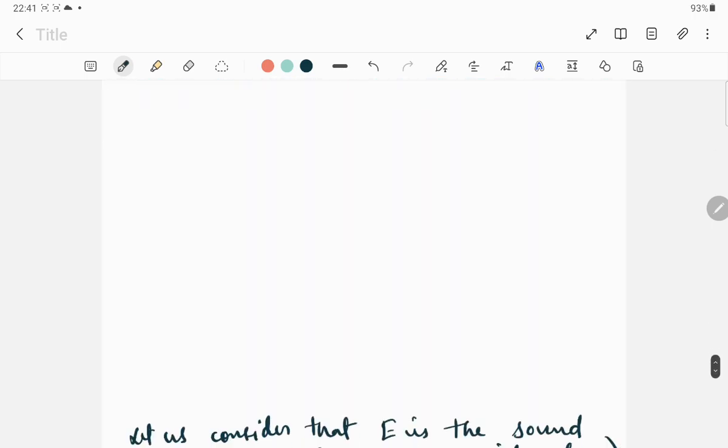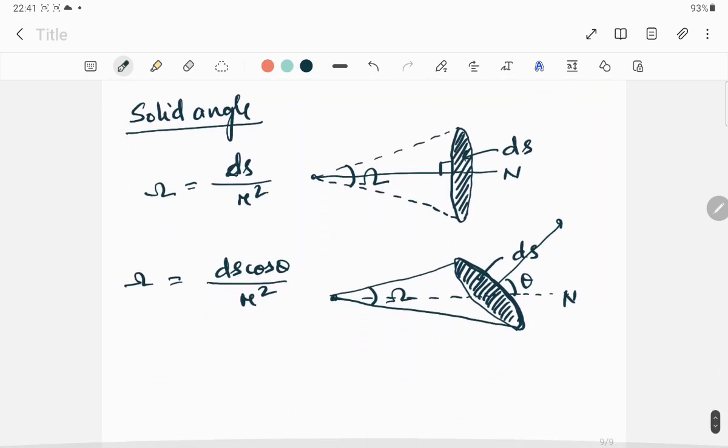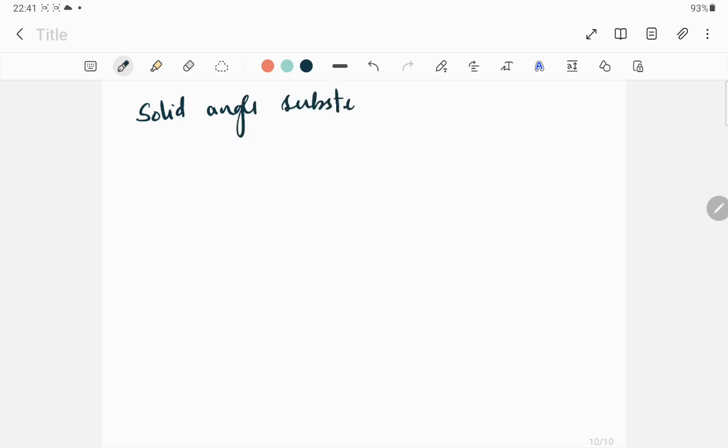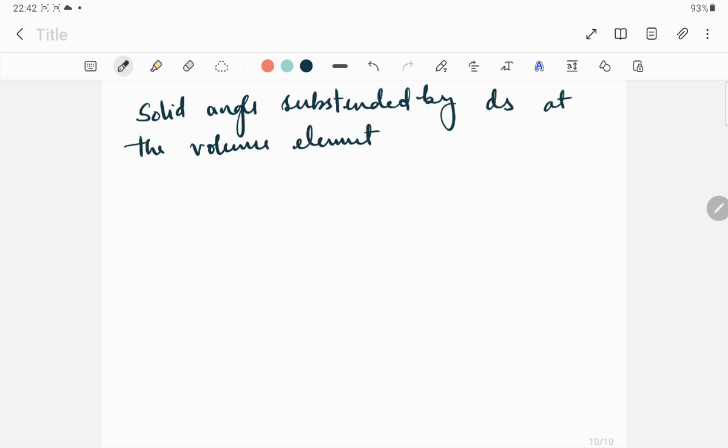So for us, the solid angle subtended by ds, you can refer to the diagram again.